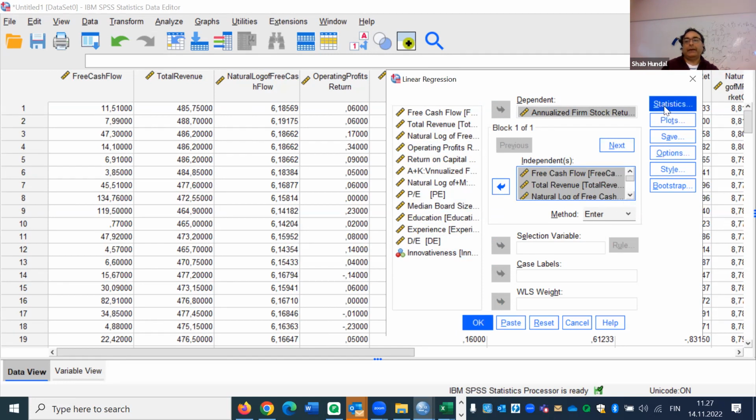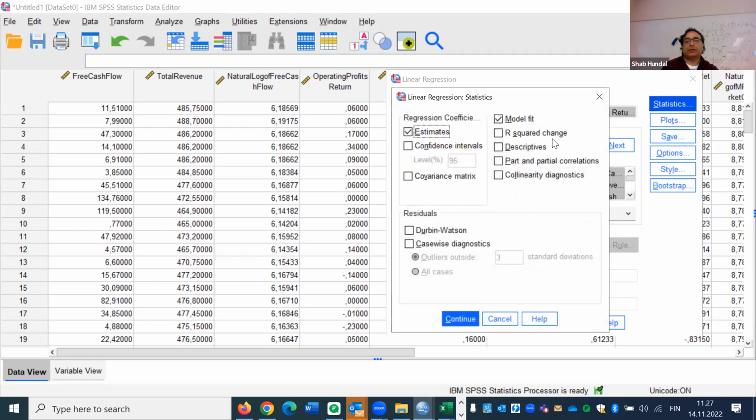And then statistics. Look, we need to take the estimates, which are selected by default. This is very important, confidence interval. How much confidence do we take, by the way? That is the level of significance, 90. By default, it is 95, but you can change it and make it 90. Don't worry yet, today I will not explain it.